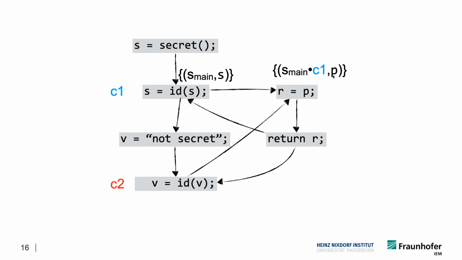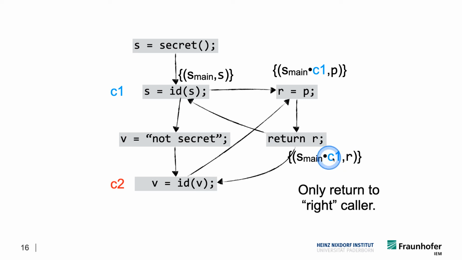Now, this taint is simply being propagated forward. So here we have still the same stack. Within a procedure, the stack actually never changes, so that is not updated. But we're still carrying forward the taint from P to R, simply like we would have done in a context-insensitive analysis. And now the nice thing is that because of this additional information, we know how to return this data flow fact only to the right caller, right?